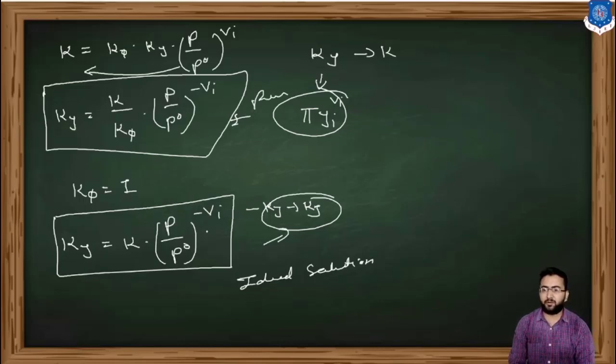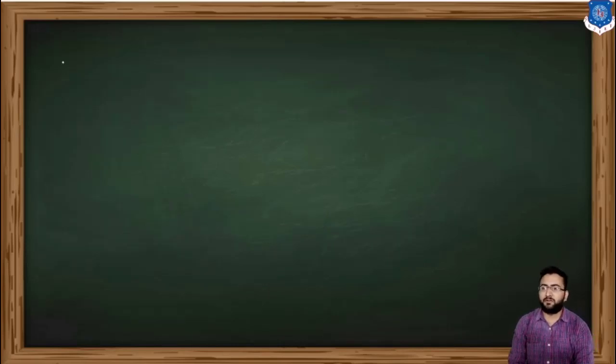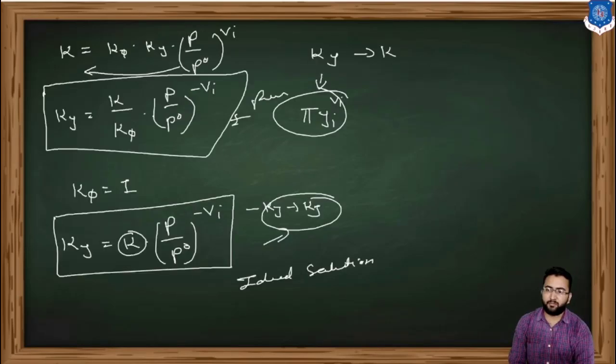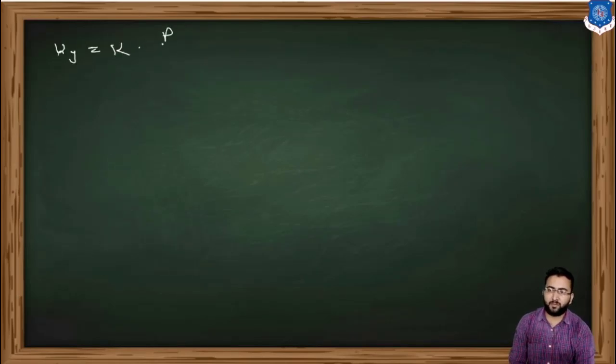Now let's discuss the effect of the equilibrium constant on the equilibrium conversion. The equation may be written like this: P upon P naught, whole raised to minus v. So what is the effect of the equilibrium constant K?